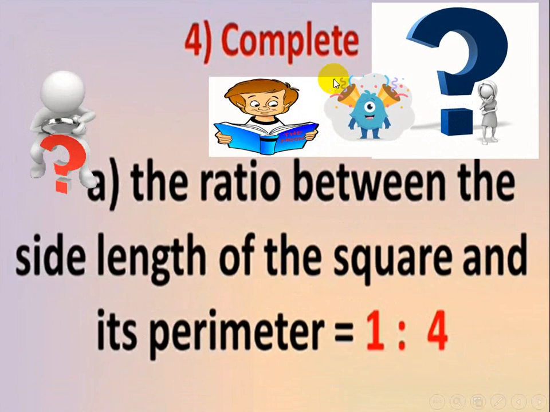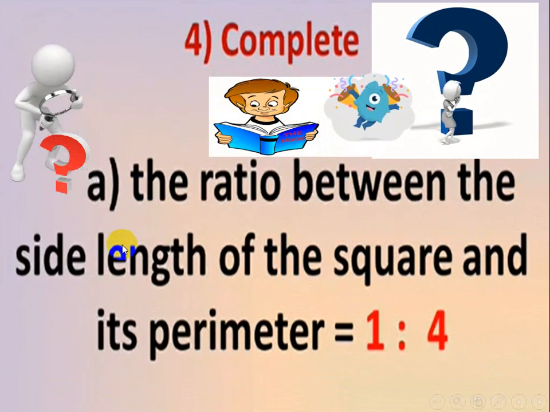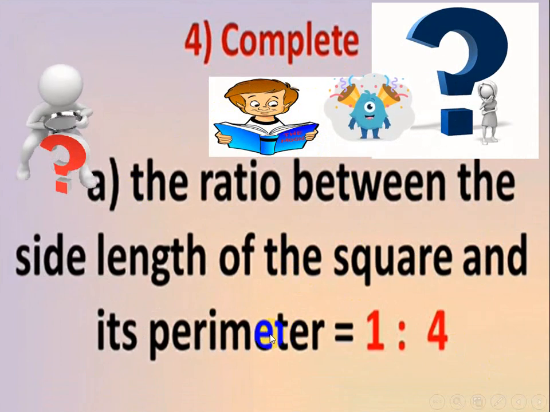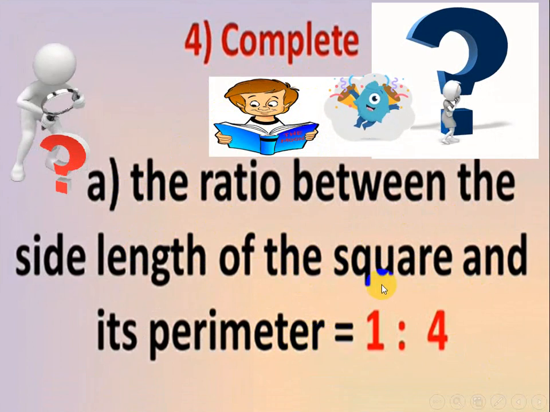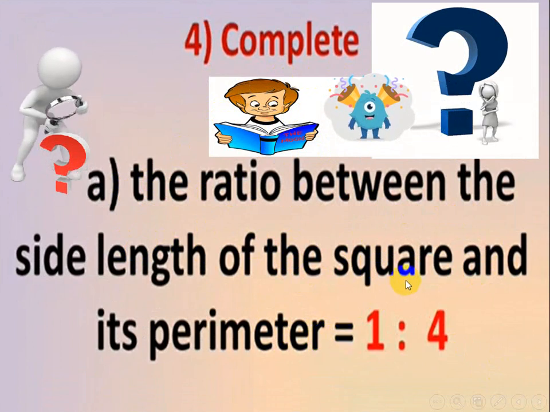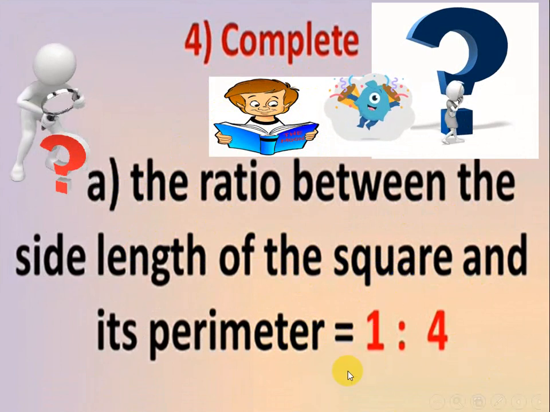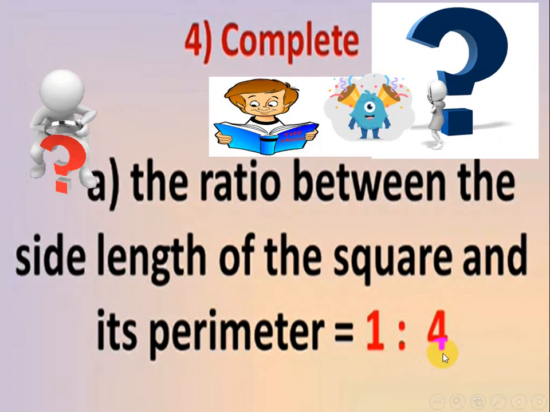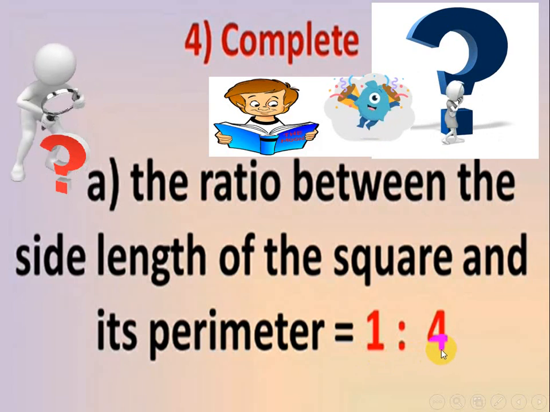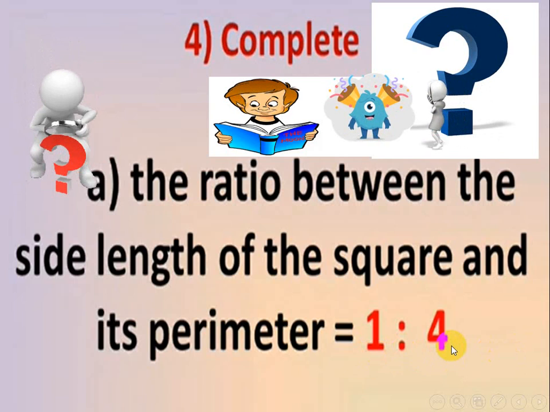Question 4 complete. Number A, the ratio between the side length of the square and its perimeter. The ratio between any side length of any square and its perimeter will be 1 to 4. Because if the side length is 1, then the perimeter of the square will be 4, then the ratio will be 1 to 4.